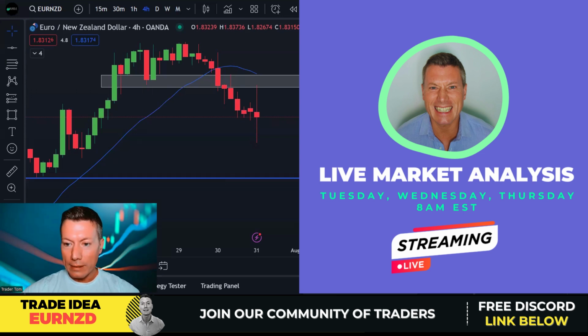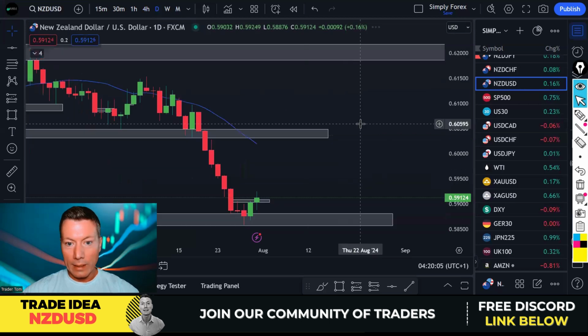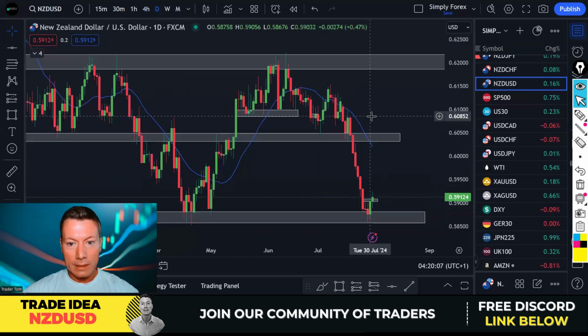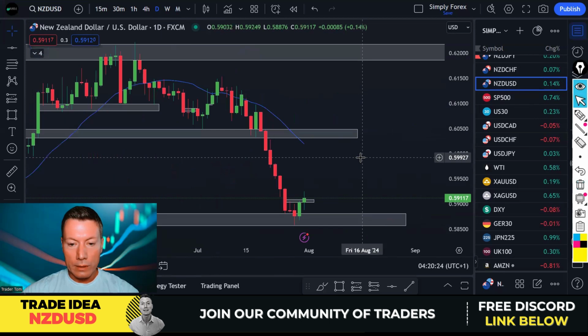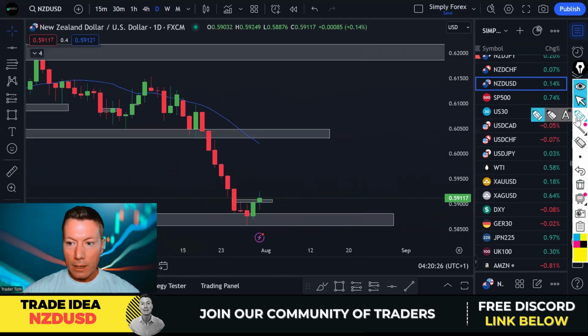Right, my next trade idea is New Zealand dollar, US dollar. So exactly the same scenario, but this is in a downtrend, right? So downtrend, super oversold, right? Totally oversold down here. And this one is at a really nice support level, okay? And at this support level, right, you can see we have had a really nice push off that level with a bullish candle.